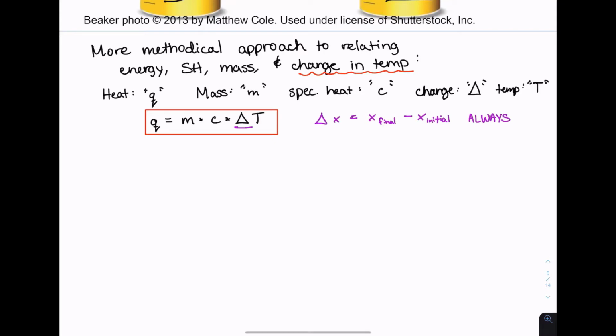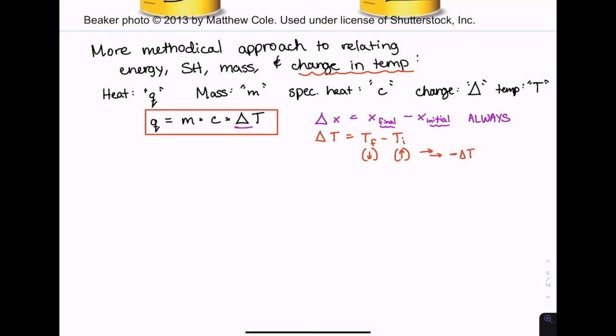So then similarly, delta T is always going to be equal to the final temperature that we reach minus the initial temperature. So I never get to reverse them, okay? So then you can imagine that if something is cooling down and your final temperature is less than your initial temperature, then that would lead to delta T having a negative sign. Yes, very good.